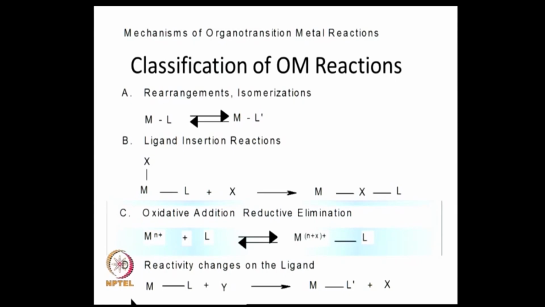The fact that we have written the metal as M n+ in the oxidative addition reaction. On the left side, we have written M n+, and on the right side, after the reaction, we have changed it to M (n+x)+. X turns out to be a variable, sometimes it is 1, very often it is 2.